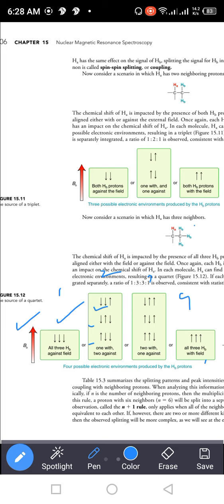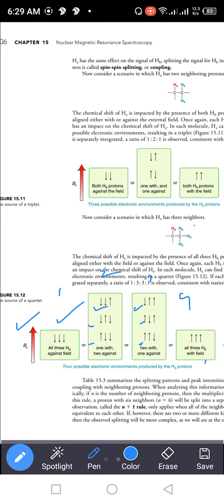And the third possibility has 3 patterns as in the second possibility, with and against the magnetic field. In the first, the first proton has a downward direction and the remaining 2 protons have an upward direction. In the second pattern, the first proton is upward, the second downward, and the third upward. In the third pattern, 2 protons are upward and the third is downward. And the fourth possibility has all 3 protons in an upward direction, as in the external magnetic field.